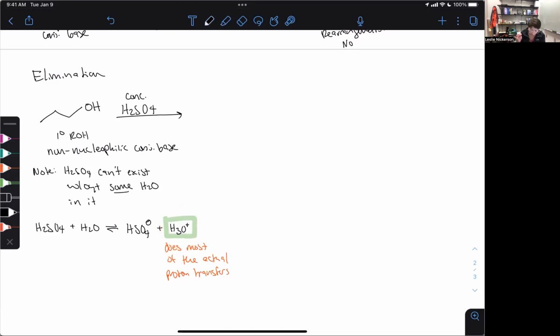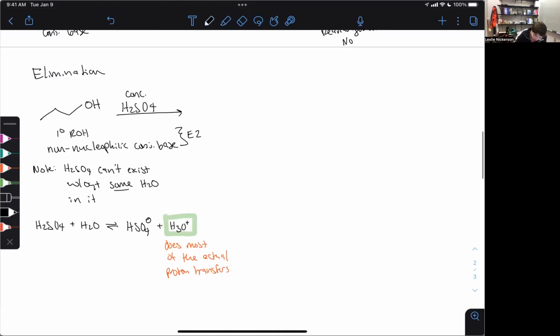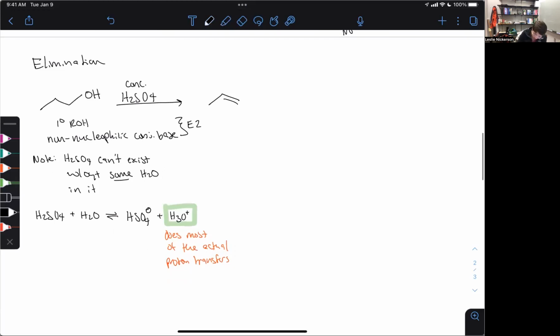Alrighty, so we've got a primary alcohol and a non-nucleophilic conjugate base. That's going to give us an elimination, and because it's primary, we're not going to form a carbocation, we're going to go E2, okay? So that means we're going to end up getting this product out, and let's take a look at the mechanism here.